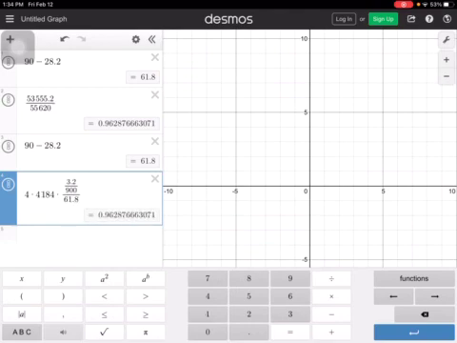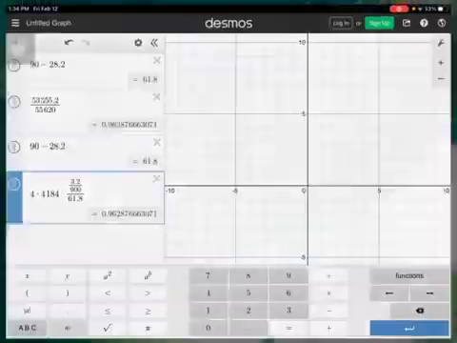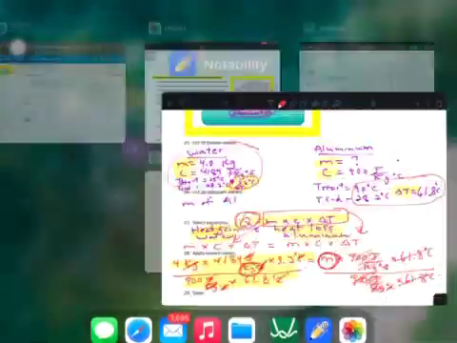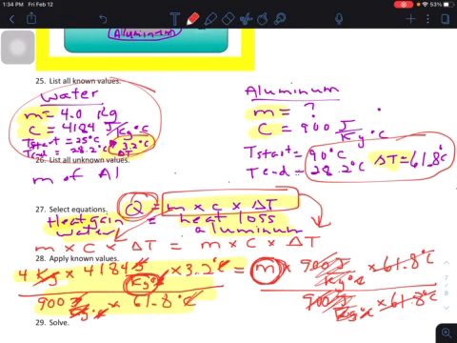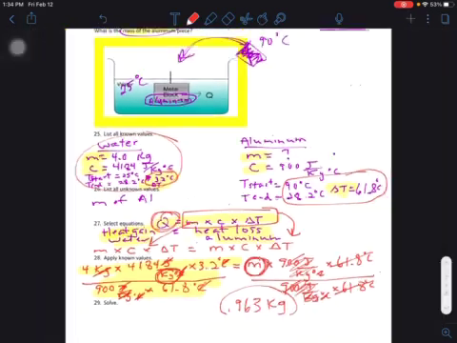So 0.963 kilograms is our answer. 0.963 kilograms. And that's how you do that kind of a problem.